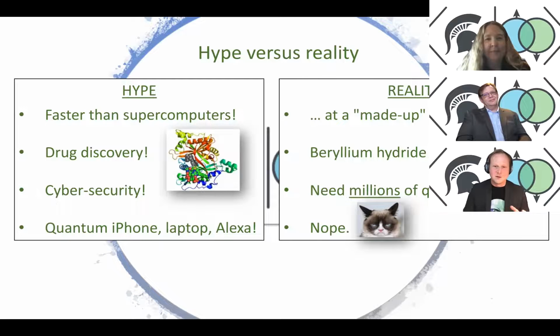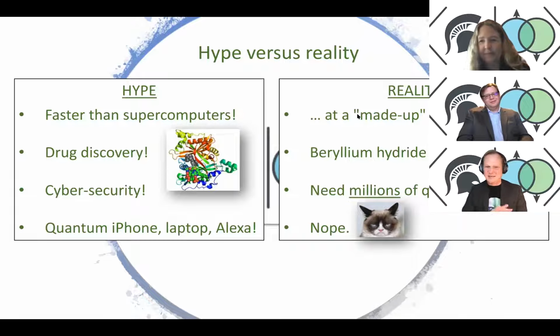A lot of companies are promising all manner of insanity, and some of it is really great and tied to good science and has a wonderful amount of potential, but some of it is just hype, and I think it's important to mention that. So that example that I just showed you, on the left here is the hype, on the right is kind of the cold water. I mentioned, quantum computers are faster than supercomputers.